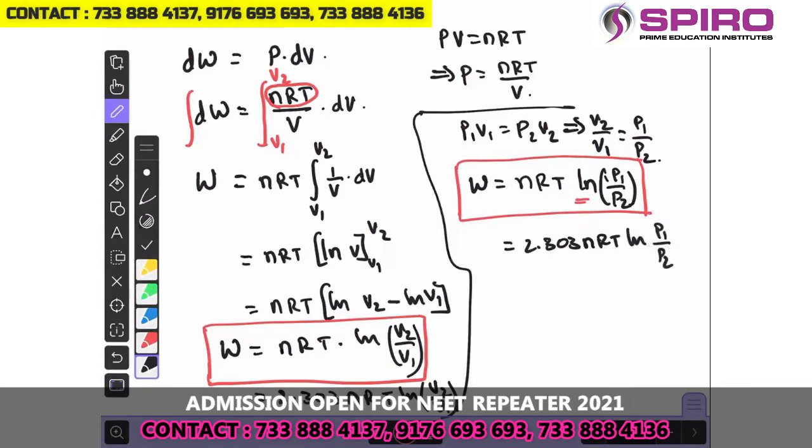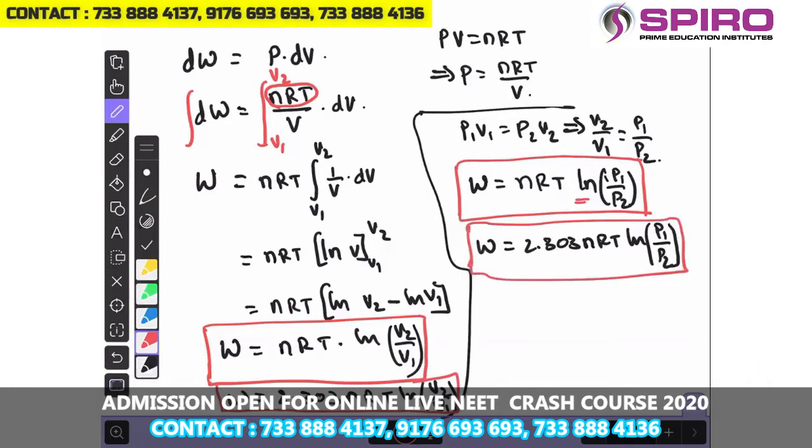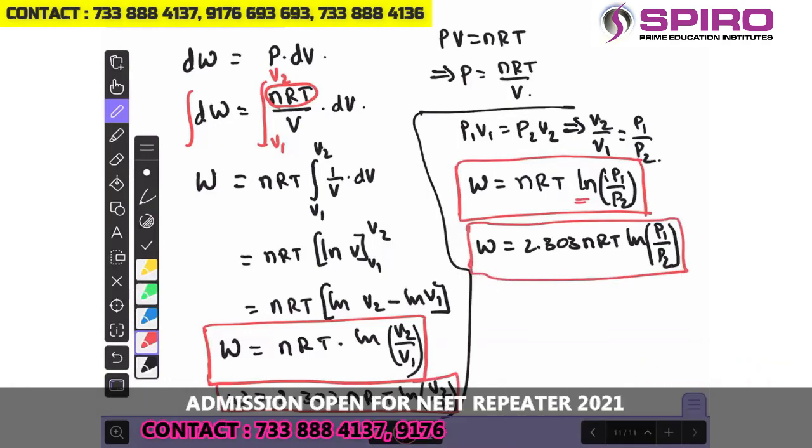This is the way you can get the expressions for the isothermal work done. The very basic point you have to remember regarding isothermal work done is that temperature is constant.